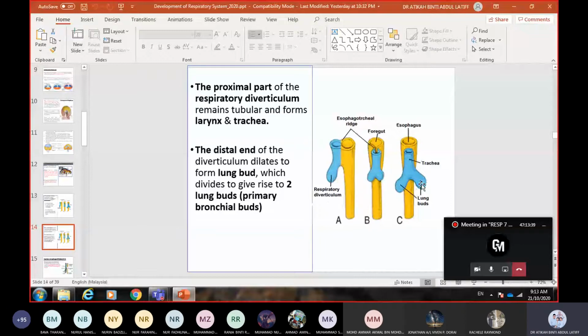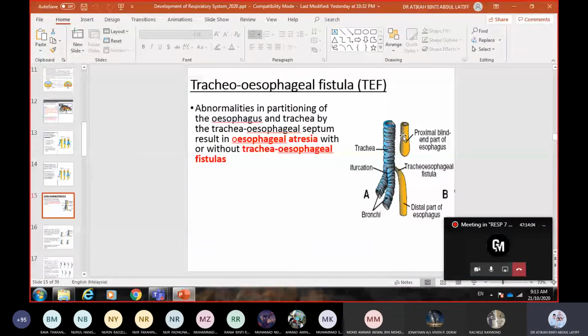So just a bit of clinical correlate. Sometimes during division of the dorsal and ventral portions here, there is an abnormality and the esophagus and trachea don't separate properly, and sometimes there is a fistula formation.